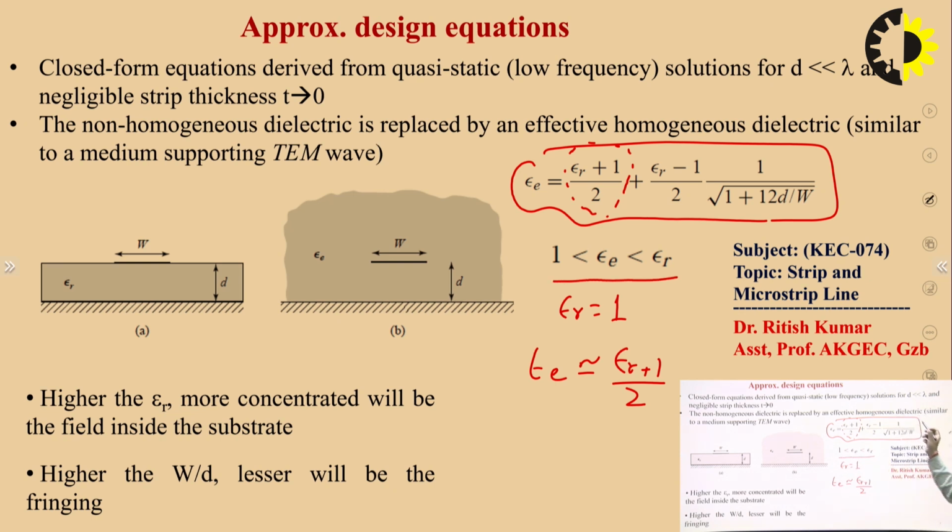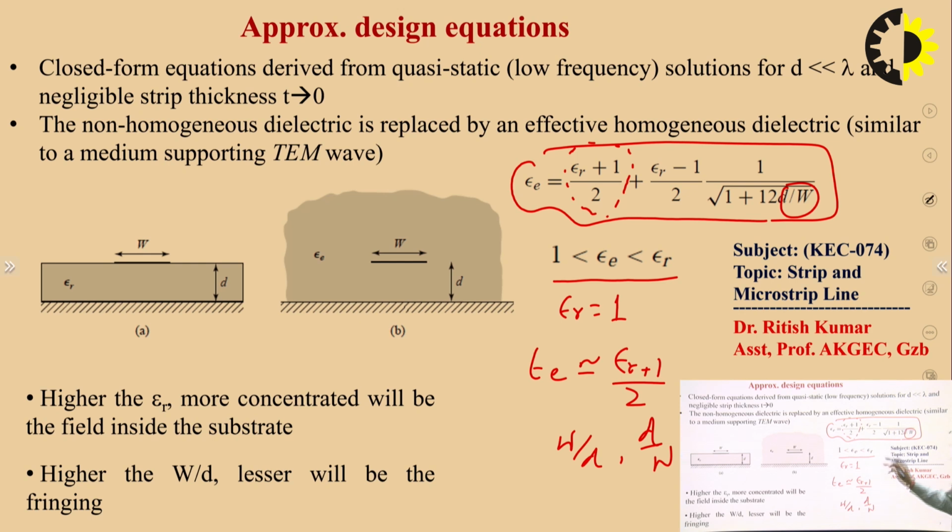If you see the total formula here, we can say the effective permittivity depends on the relative permittivity of the material, while from the construction point of view, we have the w by d ratio, or you can say d by w ratio.